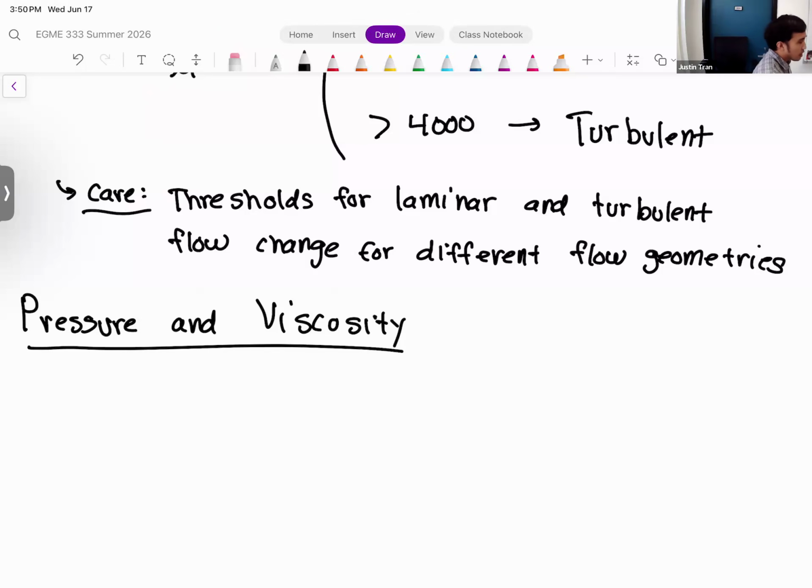One thing that's going to be very relevant for our pipe flow, which you may have picked up already just because of how the Reynolds number is defined, is that viscosity is going to play a very important role in terms of what we are going to do. Now, think about how we've understood viscosity up until this point. Viscosity, we've talked about as basically acting like friction for fluid flow.